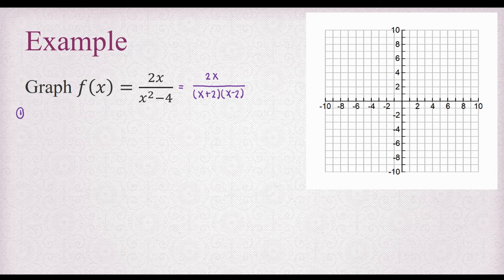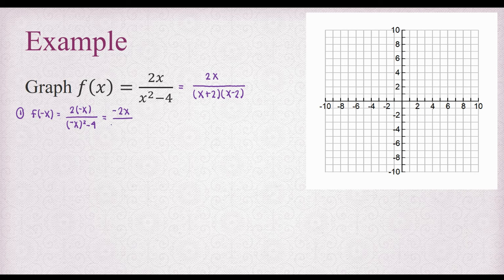So first thing we want to do is check for symmetry. That means we have to substitute in negative x into our function. So I want 2 times negative x divided by, I'm going to go back to my original denominator here just to make my life a little bit easier, negative x quantity squared minus 4. So notice that the numerator will turn negative.